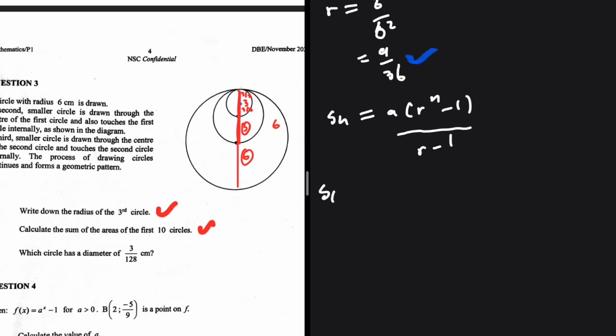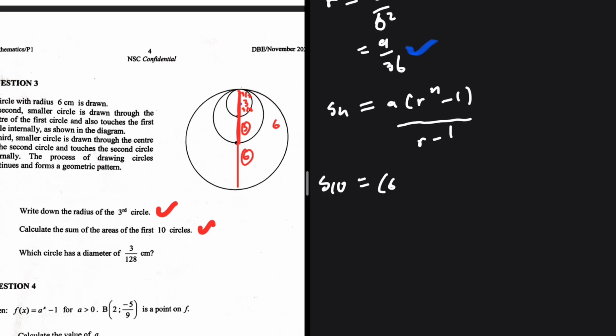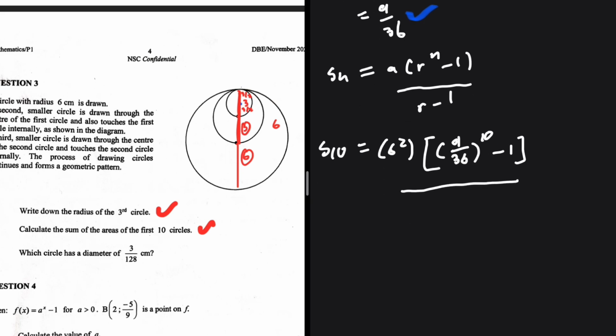So for the sum of the first 10 terms, we're going to have a equal to 6 to the power 2, and then we have r being 9 over 36, and then this is to the power 10. We subtract 1 and we divide everything by r minus 1.